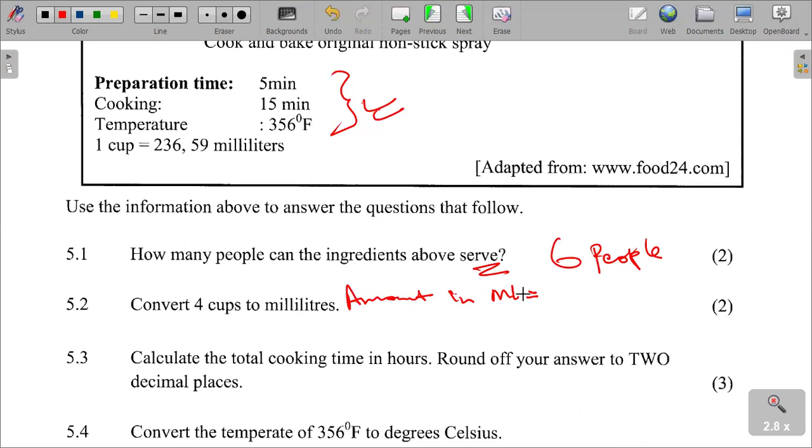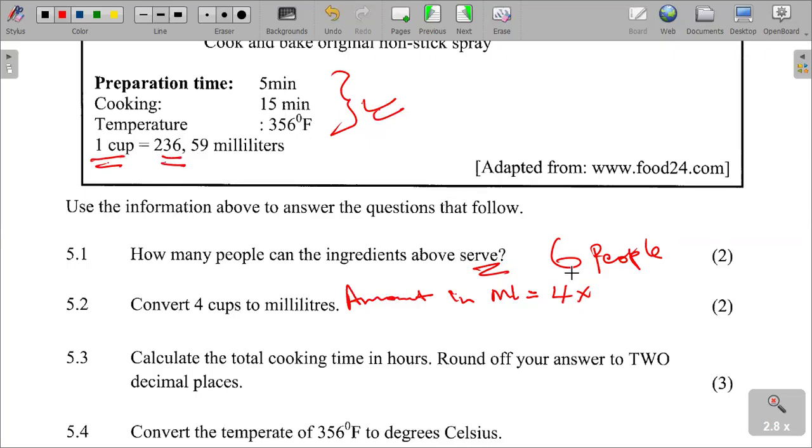We are saying amount in milliliters is equals to 4 times, it is given there that 1 cup is equals to 236.59 milliliters.